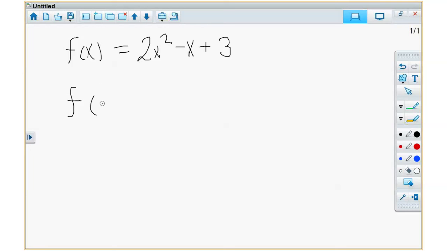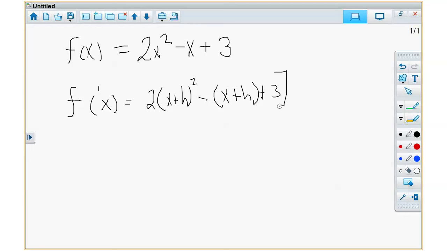F prime of x, if you did it, would be the limit of 2 times (x plus h) squared, shortcut number 1, minus (x plus h) plus 3, that's f of x plus h, minus f of x, which you just rewrite, all over h.